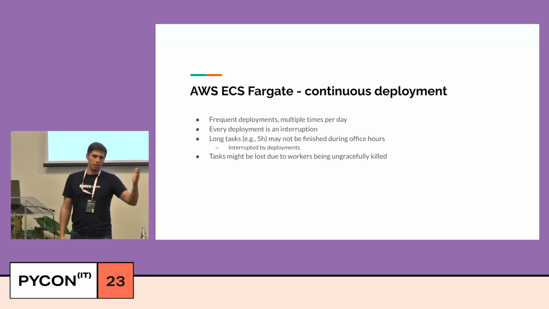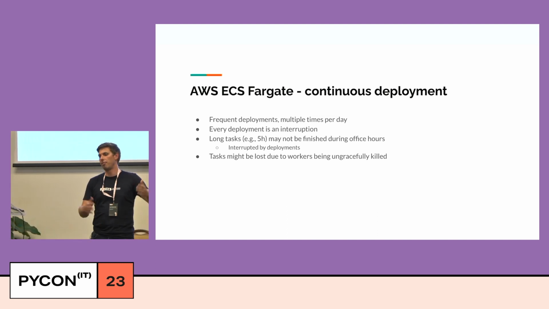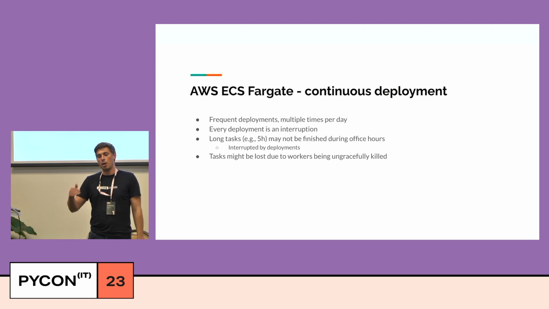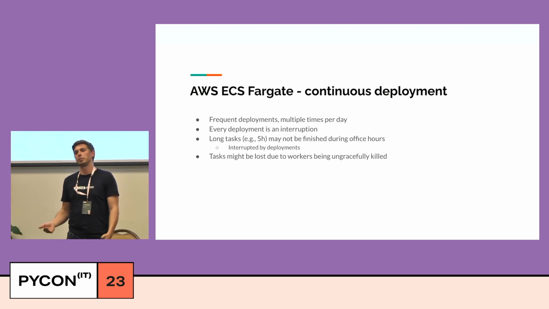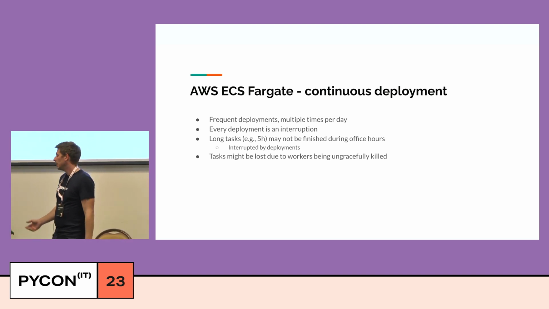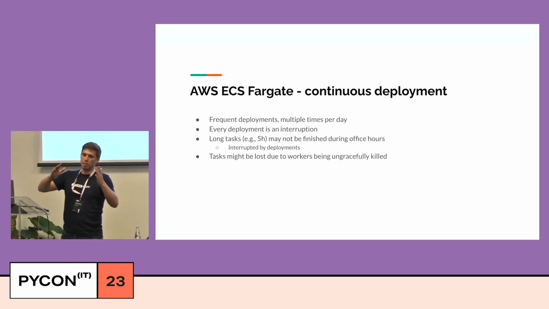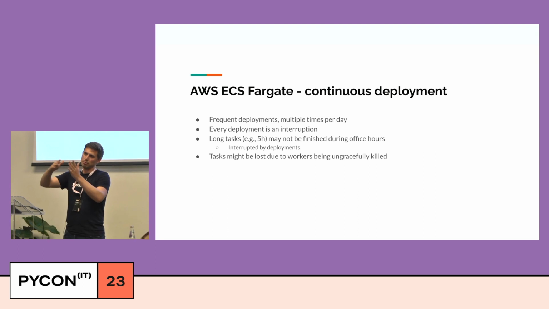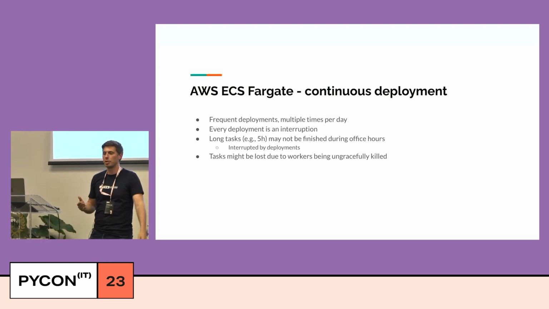What we want to avoid for sure at this point is some long-running task, like 5 hours, that we are not able to process during our office hours because we are deploying, I don't know, every hour, every 15 minutes, every 30 minutes. Because every time we come to a point where it's done some processing, there is a new deployment, the container is killed, and the task needs to be restarted from the beginning.